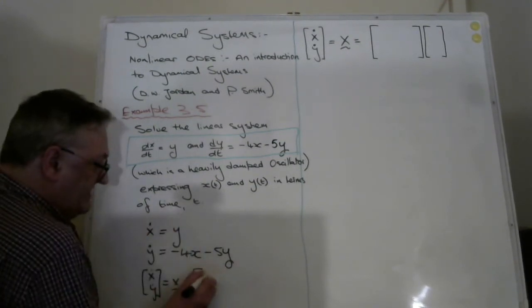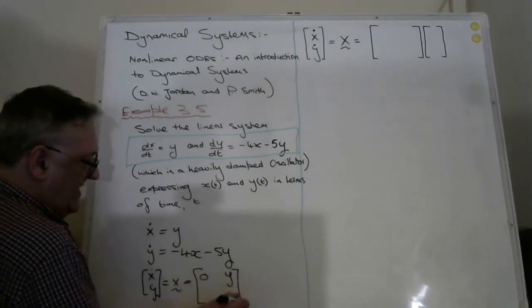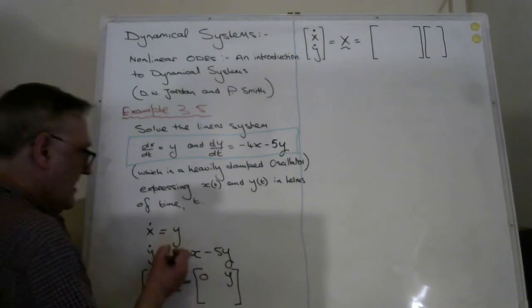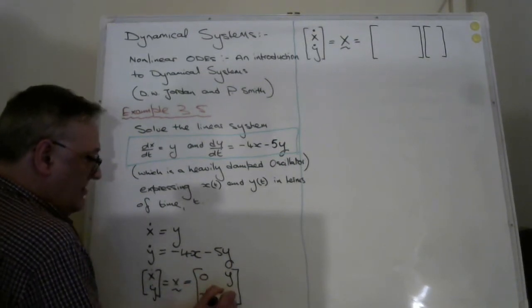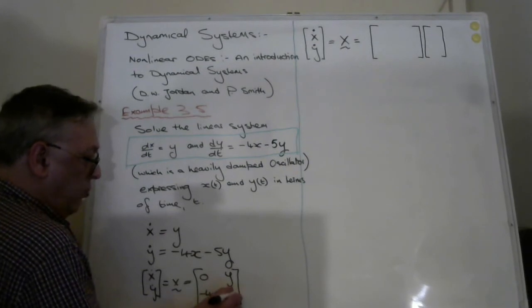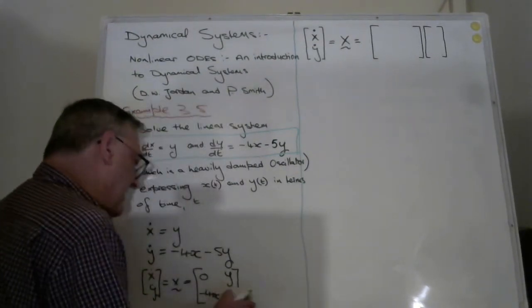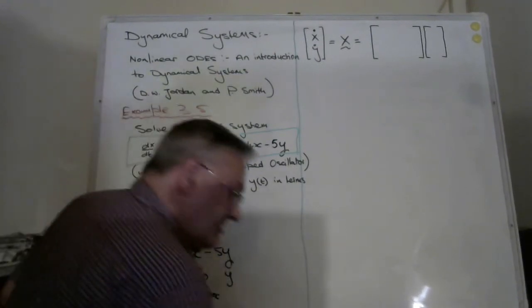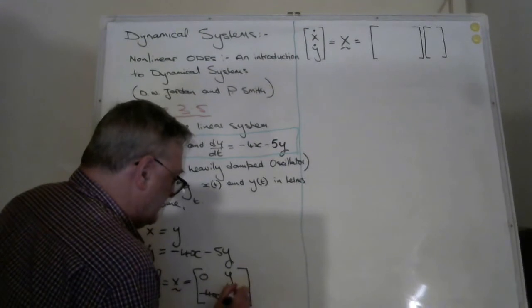So we put 0 for the x term and y in for the y term. Here we've got minus 4x minus 5y. I'll just write it a little more clearly. Let's just expand these brackets a bit. Minus 5y.